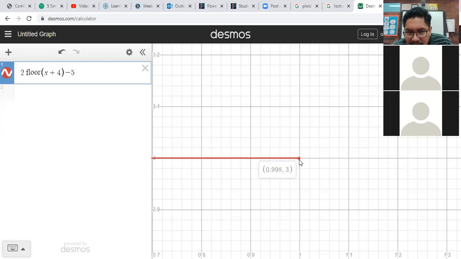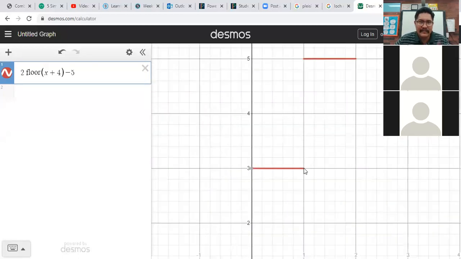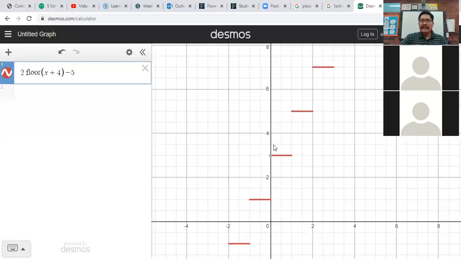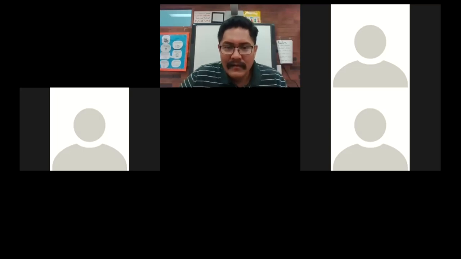Slowly, slowly, slowly. All right, I'm getting really, really close, but it's not letting me pick the next number. So maybe this is the right function type that we're looking at. They just seem to call it floor instead.